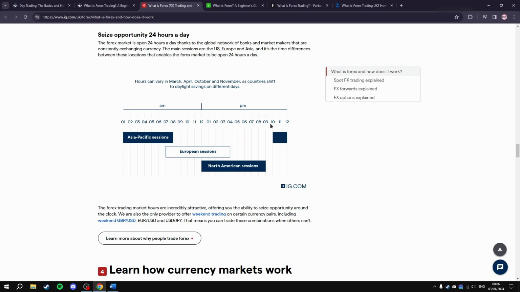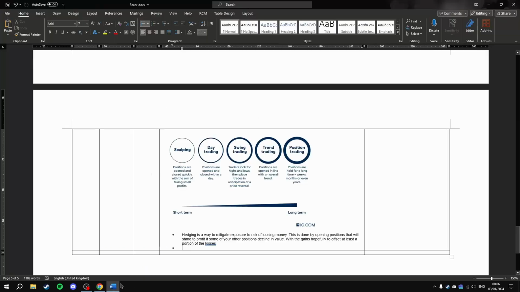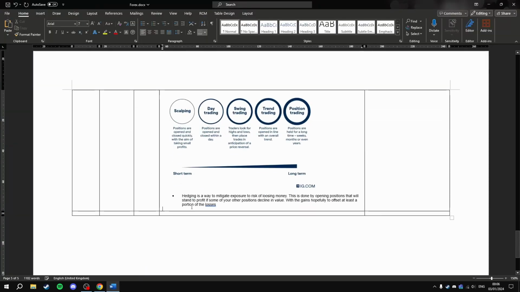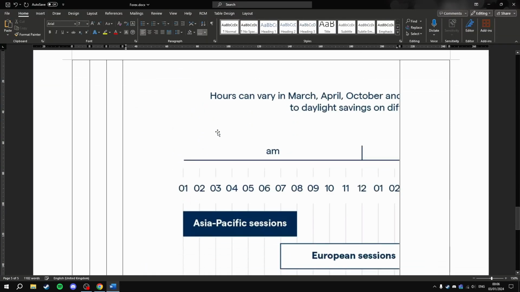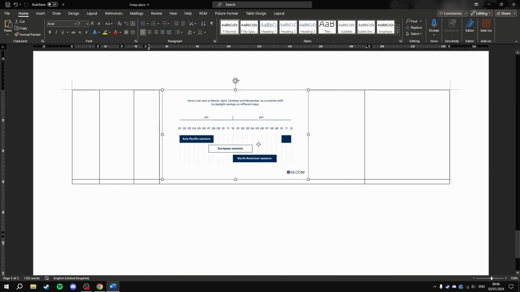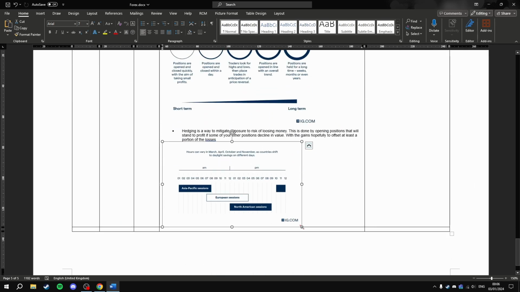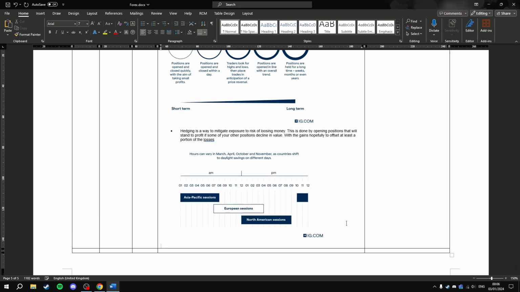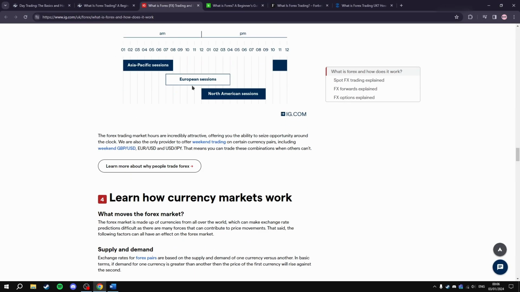So 9 till 10, that might be the daylight saving time, maybe. The forex trading market is practical for you, with weekend trading surprise.